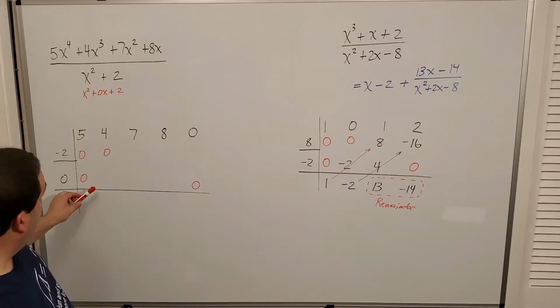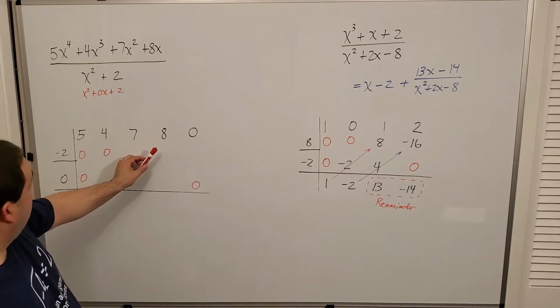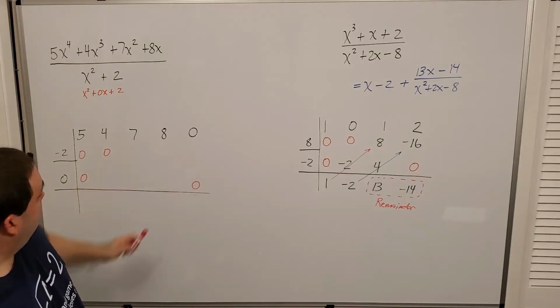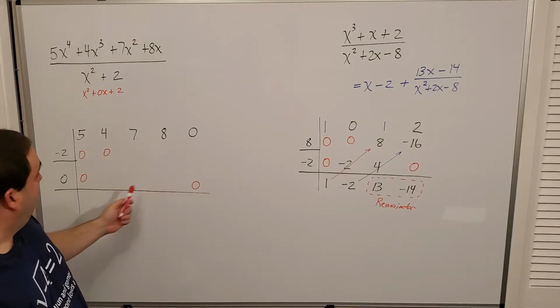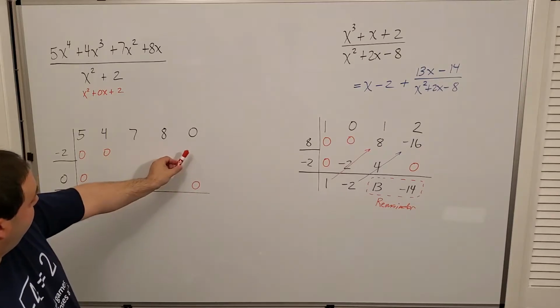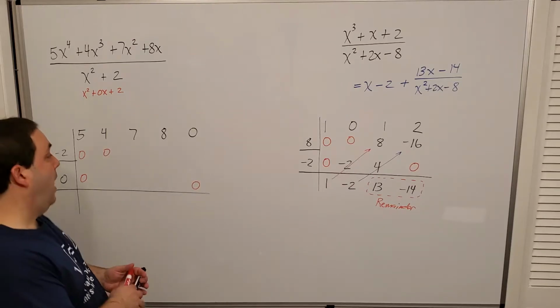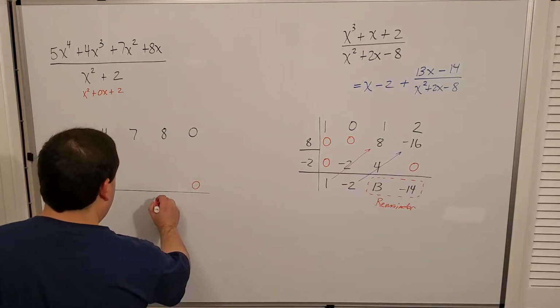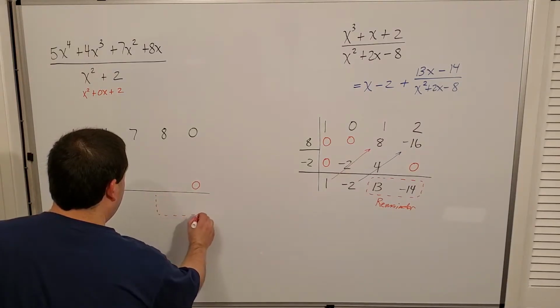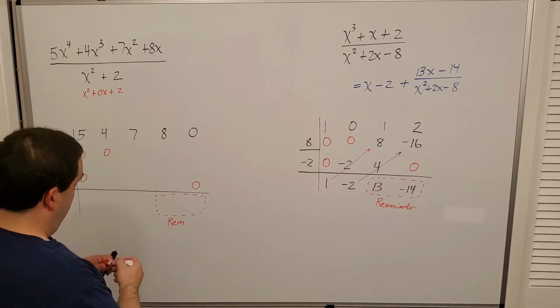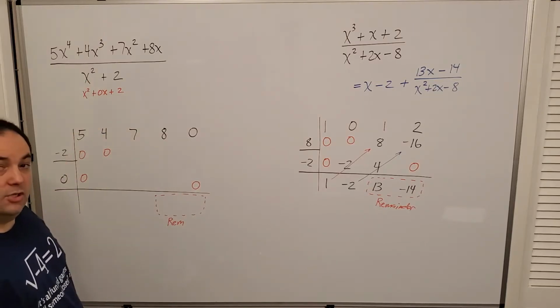So I've got the 2 diagonals again, here and here. Oh, I'm sorry, 3 diagonals, here, here, and here. Right? Because you have to finish the whole top row. You have 3 diagonals here. But I still only have 2 remainder spots right here. These 2 columns are going to be remainders. And I know that because of the denominator x squared.